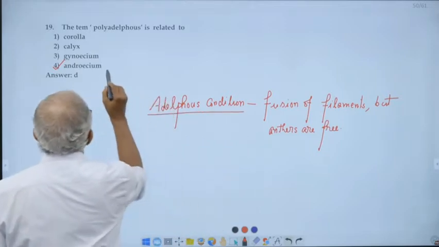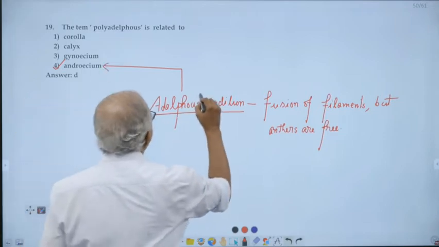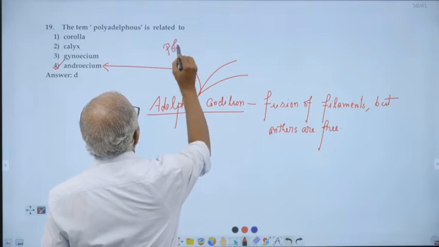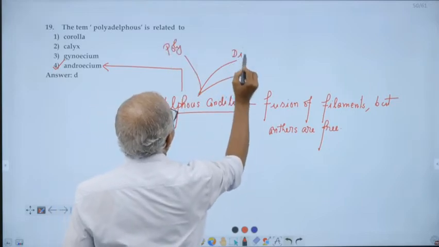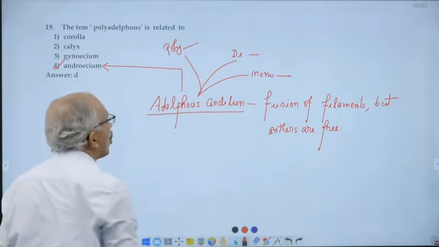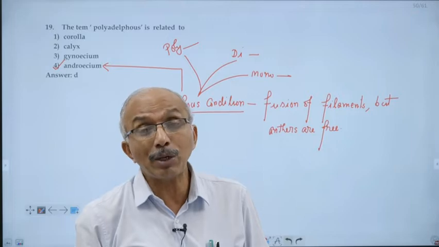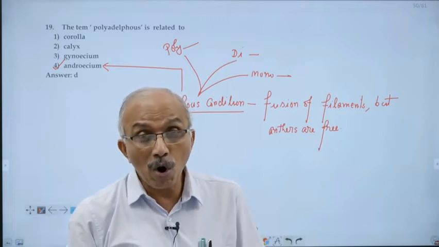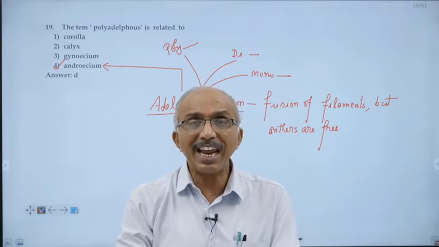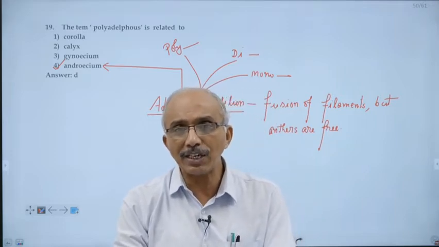Adelphous condition is applicable to stamens, and may be of three types: poly, di, mono. Monoadelphous condition in hibiscus. Diadelphous in pea plant. Polyadelphous in citrus.